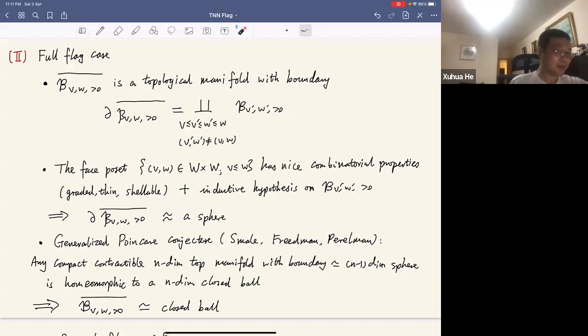It says that if you start with any compact, contractible, n-dimensional topological manifold whose boundary is homeomorphic to the (n-1)-dimensional sphere, then this topological manifold is homeomorphic to an n-dimensional closed ball. So by putting all this information together, we know that the closure of each cell in the totally nonnegative part of the flag variety is homeomorphic to a closed ball.